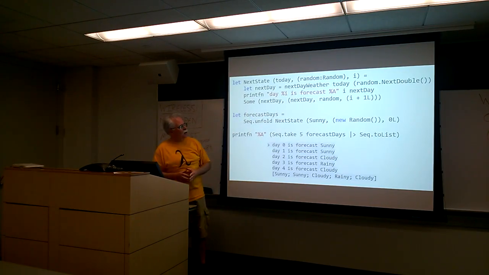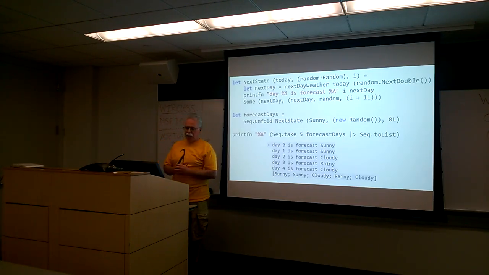And in the middle here, we're going to print some information so that we can keep track of what's going on. And then finally, we have a print statement that instantiates this to a list. So now we've actually performed the calculation. In this case, we're going to take the first 5 days of our forecast, and there you have it. So sunny, sunny, cloudy, rainy, cloudy.